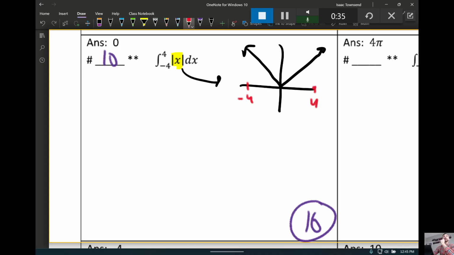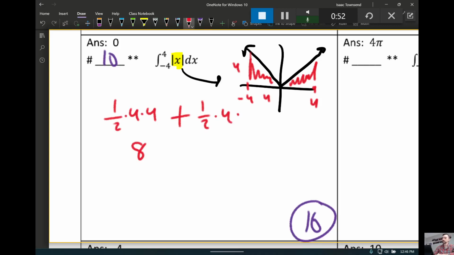And remember, integration can be thought of as area under the curve. So I did this area. It's a triangle, 1/2 base times height, and got 8. Plus this triangle, which is the exact same dimensions. So also 8. So together, the area from -4 to 4 for that graph would be 16. So think of the graph.